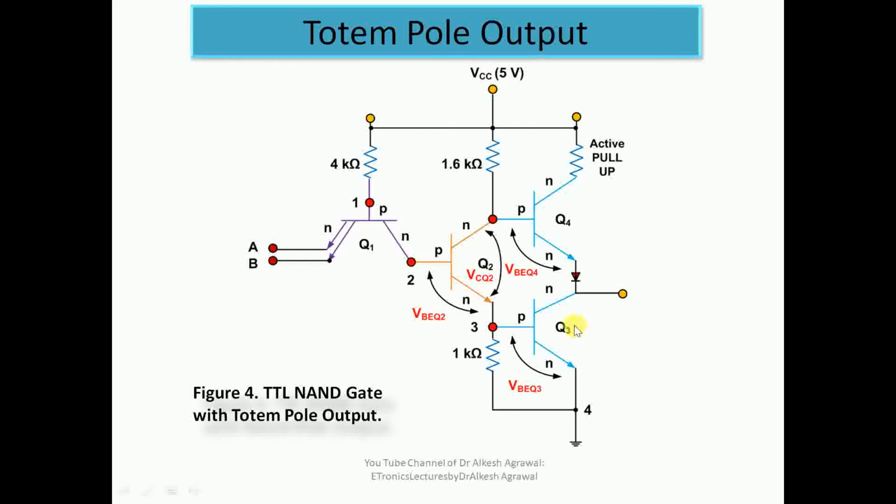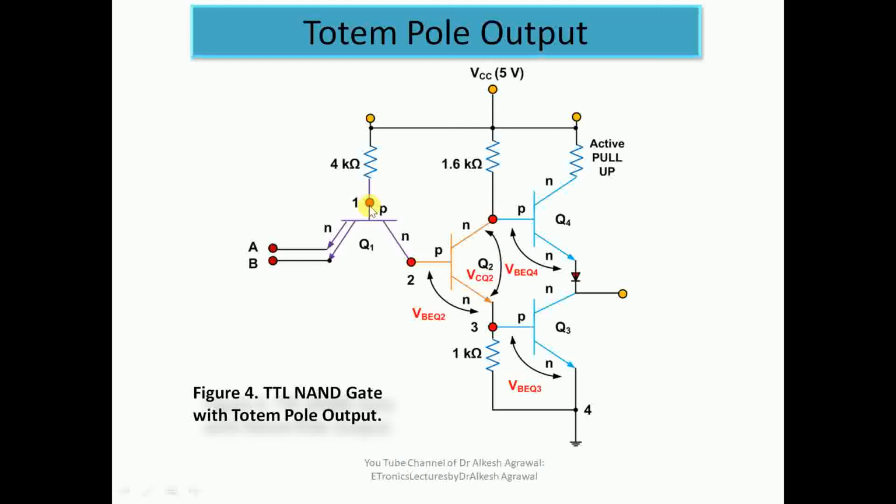Why totem pole output? Because there are two transistors at the output, one above the other. Q1, Q2, Q3, up to Q3, the configuration is the same. As I have told you, RL is replaced by a transistor Q4 together with a diode. So in very brief, you should remember: when the output is low, Q2 and Q3 are in saturation mode.